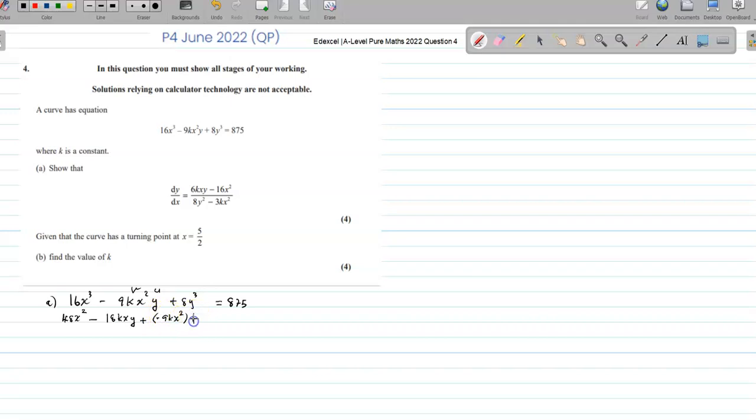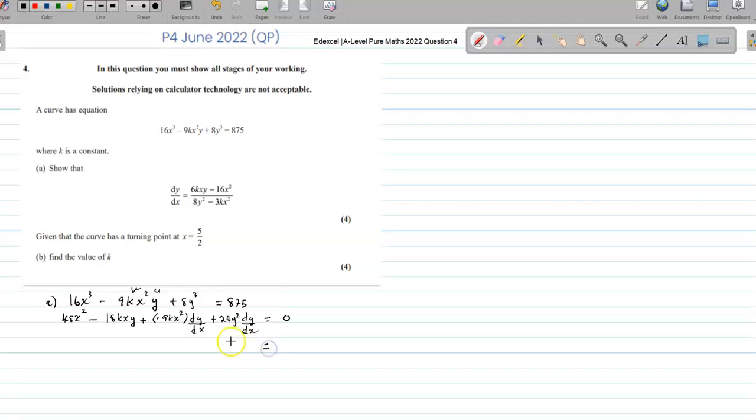So we get dy by dx. Then we have, and differentiating a constant, we get 0.